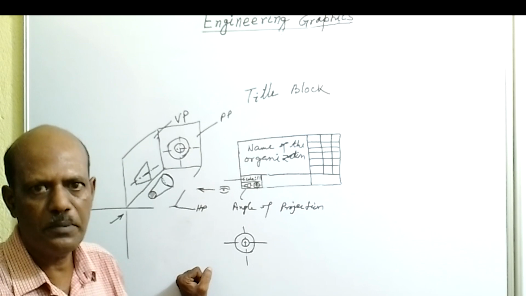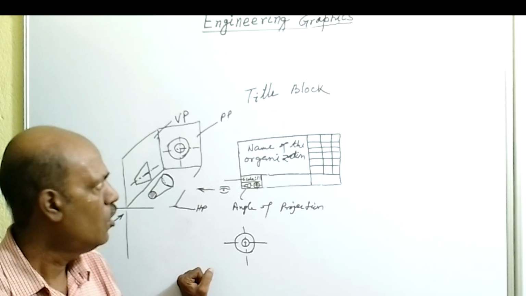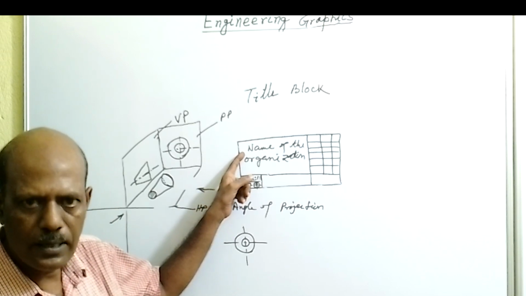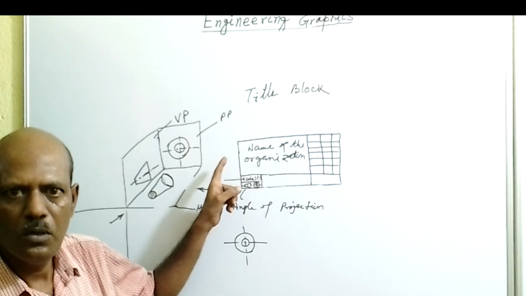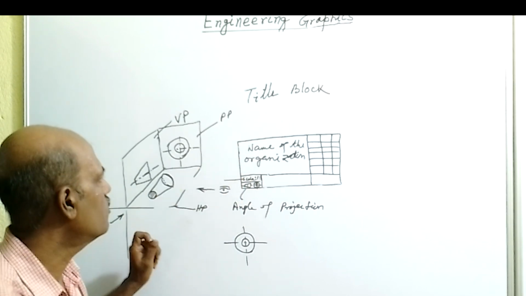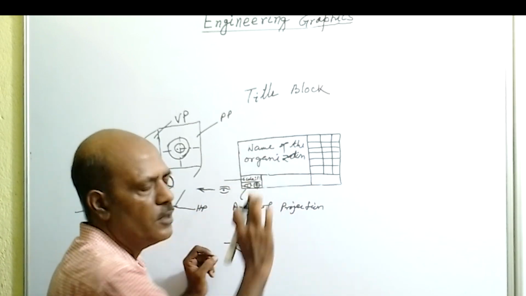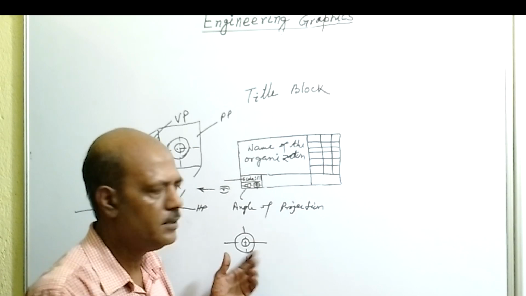The drawing is made for, say, Tata Power or Tata Logistics or another company, and for schools and colleges the name of the college, school or university will be written here. Say Haldia Institute of Technology will be written here. So the drawing is made for that particular organization.